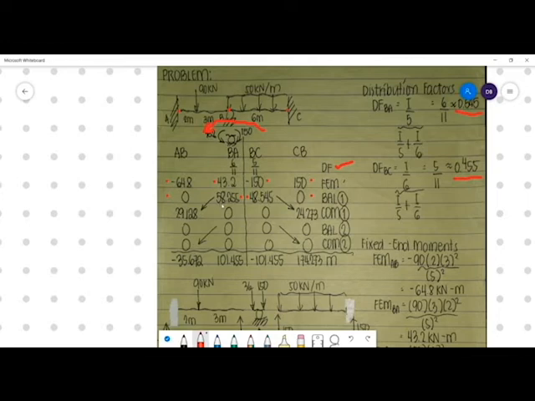So the 58.255 will cause a moment at point A. It causes a moment of half, which is equal to 29.128. That is our carry over moment. The 48.545 causes a carry over moment of 24.273 at point C. Okay?